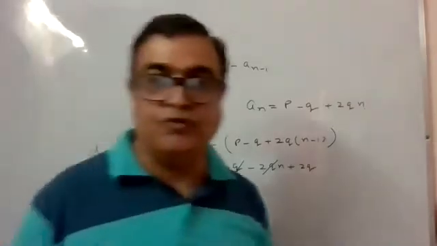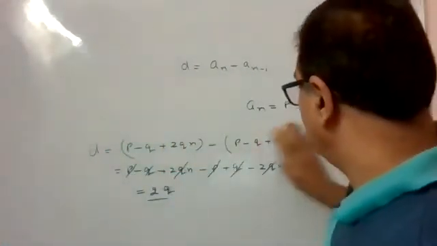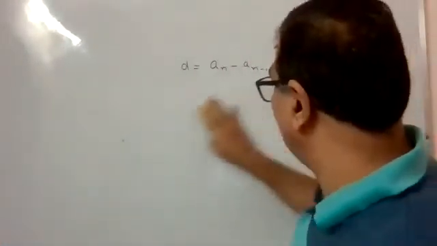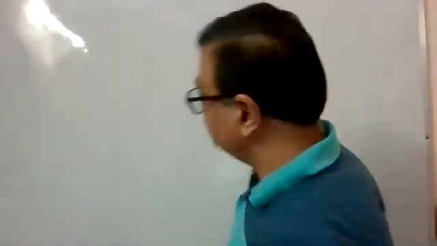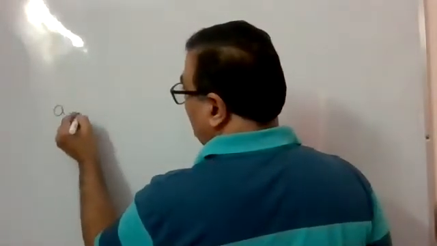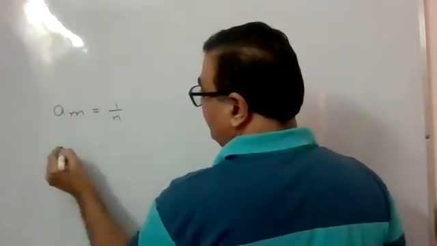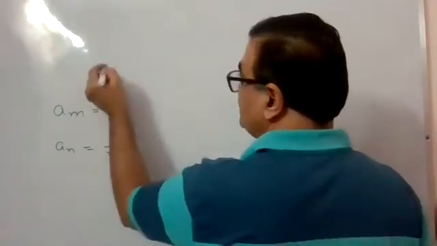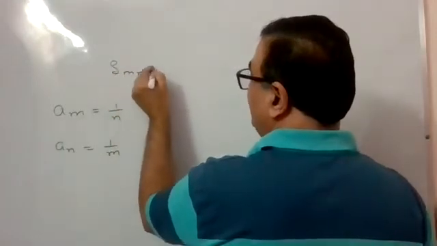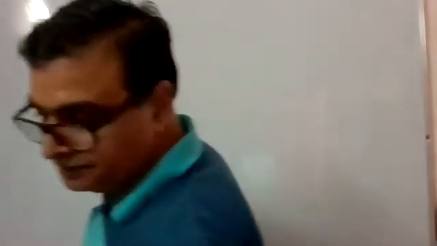If mth term of AP is 1 by n and nth term is 1 by m, my question is find out the sum of mn terms.